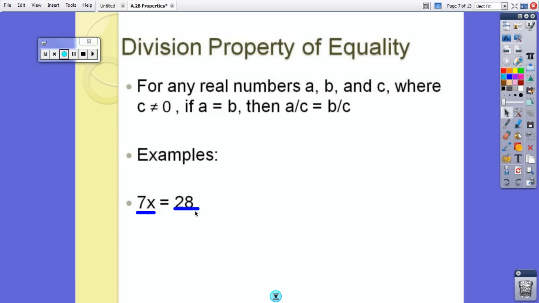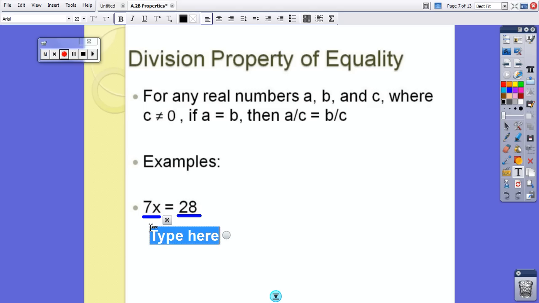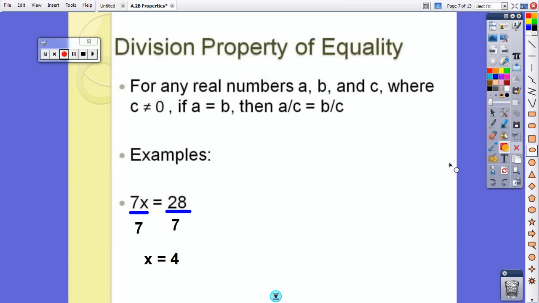We divide this side by 7, and we divide this side by 7. So x is going to be equal to 4. Right here we can see that we have dividing by 7 on both sides.